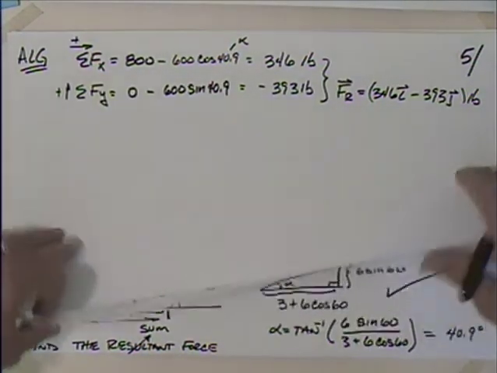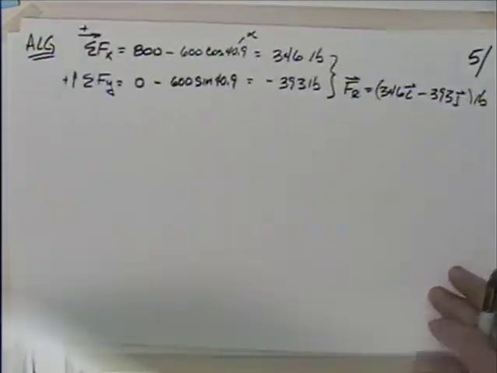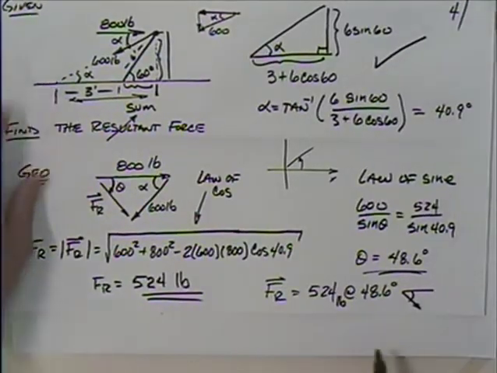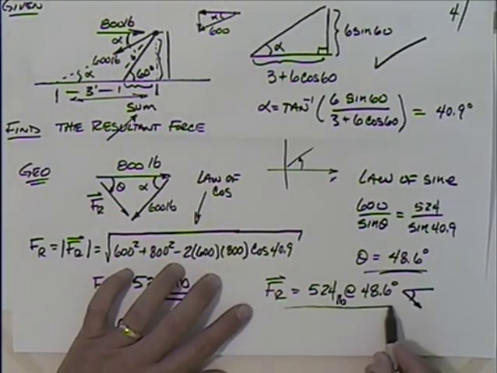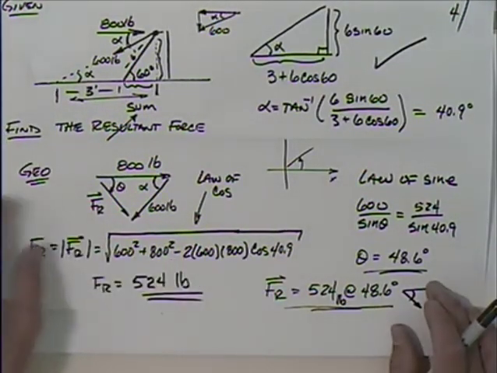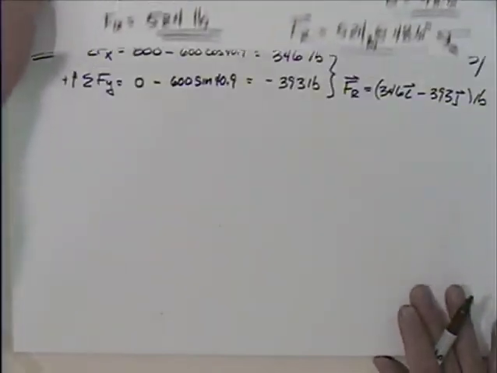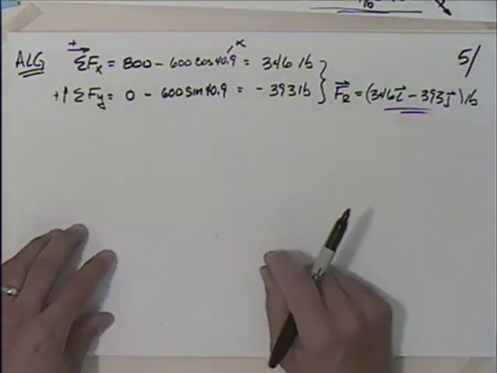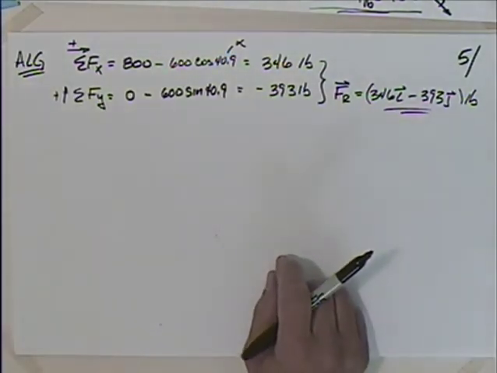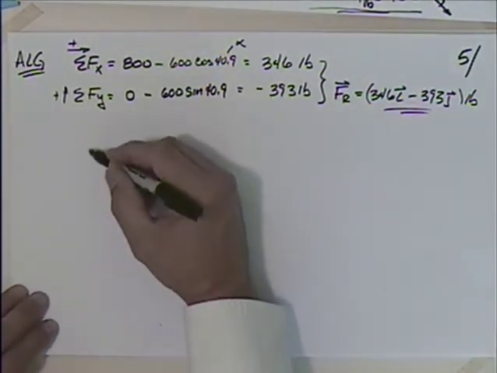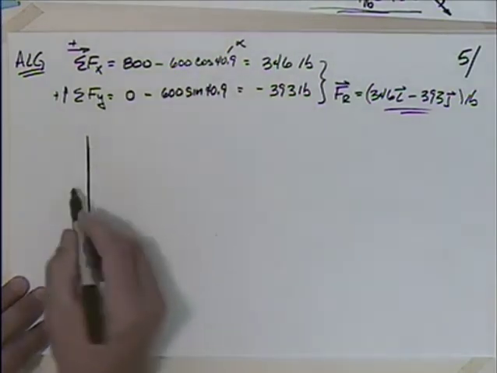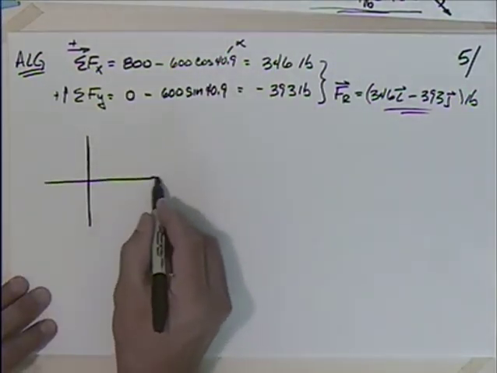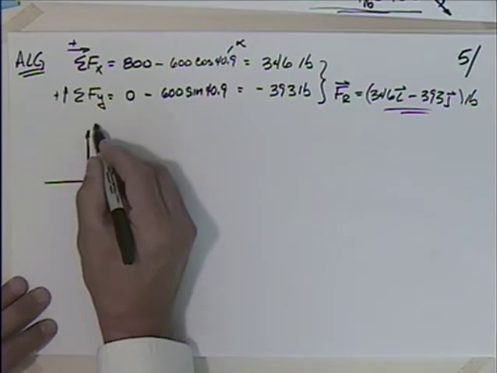I mean, we've got this answer here we're trying to compare it to, aren't we? Well, we're comparing apples to oranges, so let's see if I can convert this answer into a polar answer. The way we do that is just put it on an xy coordinate system. So there is x, there is y.